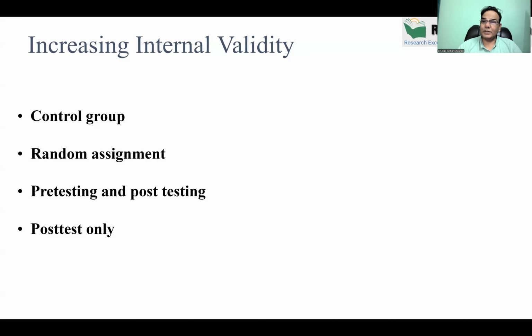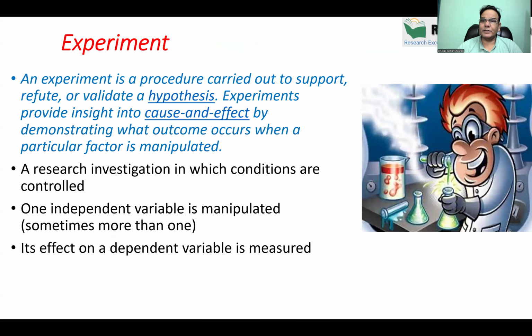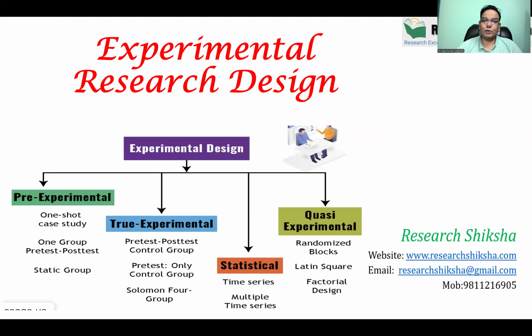Now I'm going to teach you the three kinds of experimental design. As I mentioned in the first slide, these are pre-experimental, true experimental, and quasi-experimental. In pre-experimental, we have one-shot study, one group pretest post-test, static group, and like this, Solomon four group, only control group.